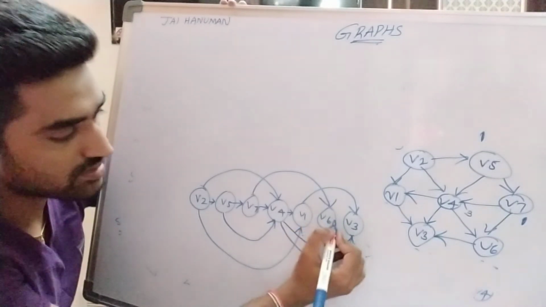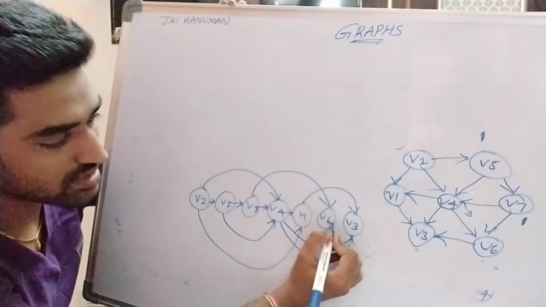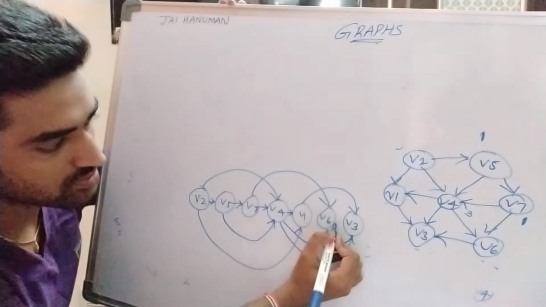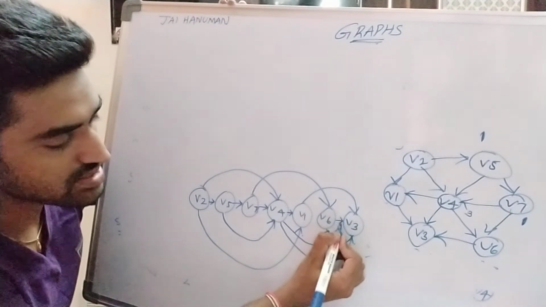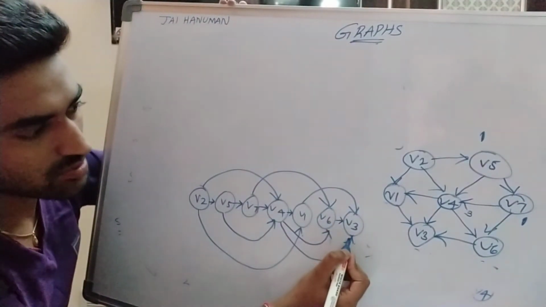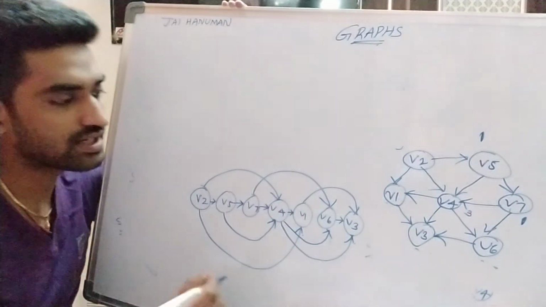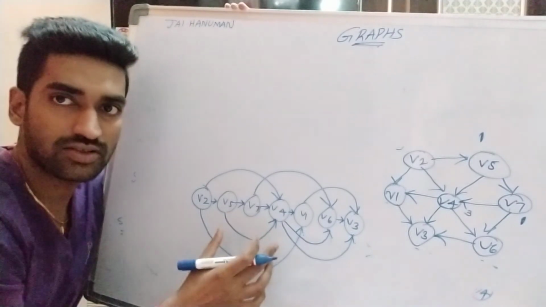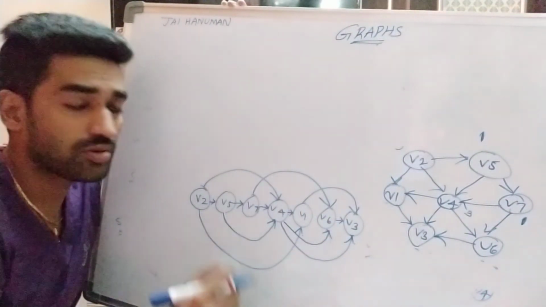Then we are determining what are the possible connections in between V6 to remaining vertices. V6 to V3. Only one possible connection in between V6 to remaining vertices, right? So this is the topological order for this graph, right? So this is about topological sorting.